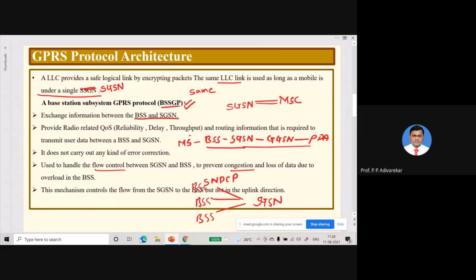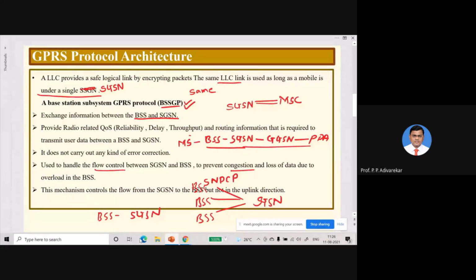So there should be a certain flow control between SGSN and BSS, that is, flow control from SGSN towards the BSS. That is the downlink direction.